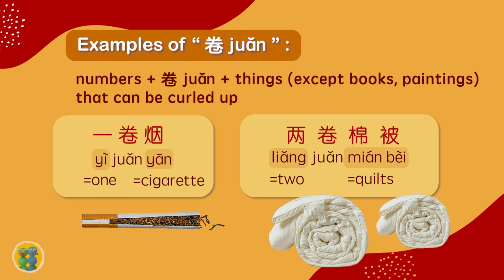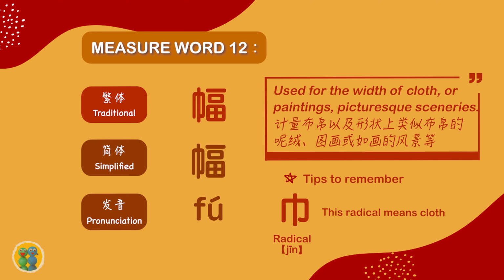棉被 means quilts. The next measure word is 幅. 幅 is used for width of clothes or paintings, picturesque sceneries. And there are tips to remember. You can see on the left-hand side of this character, there is a radical.